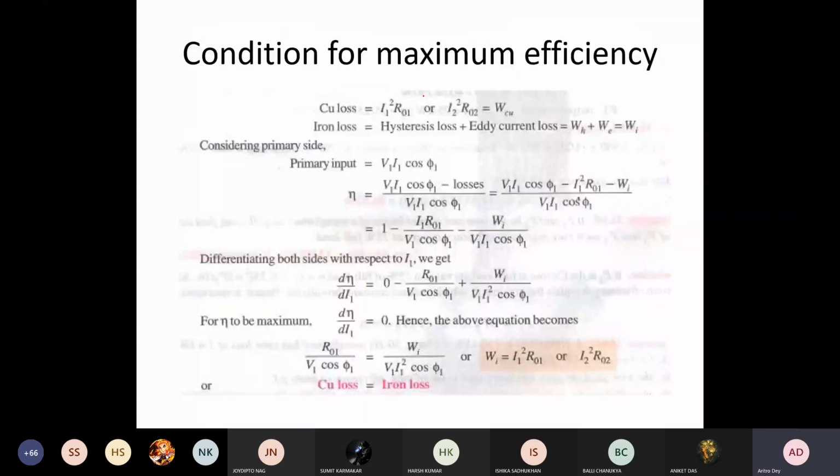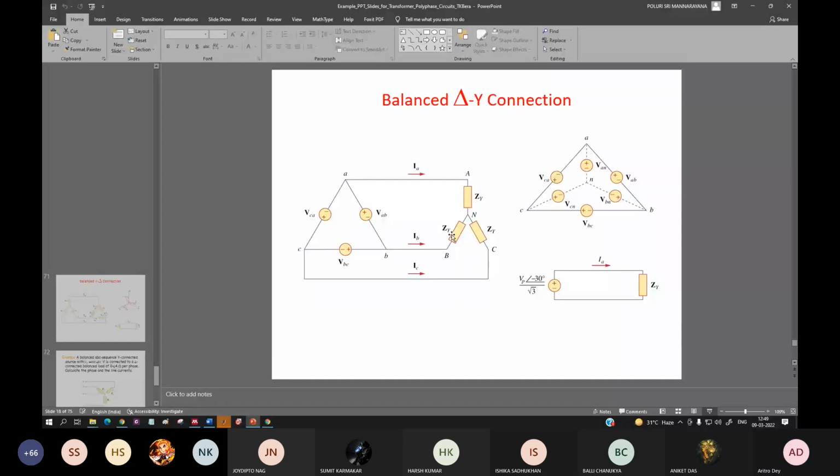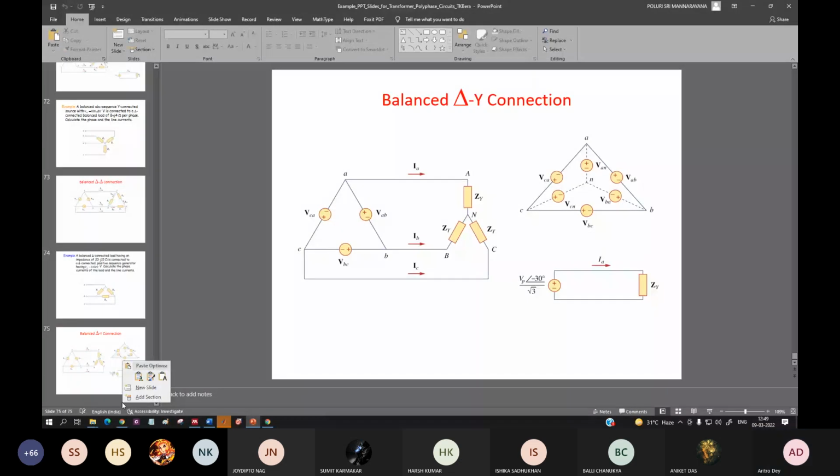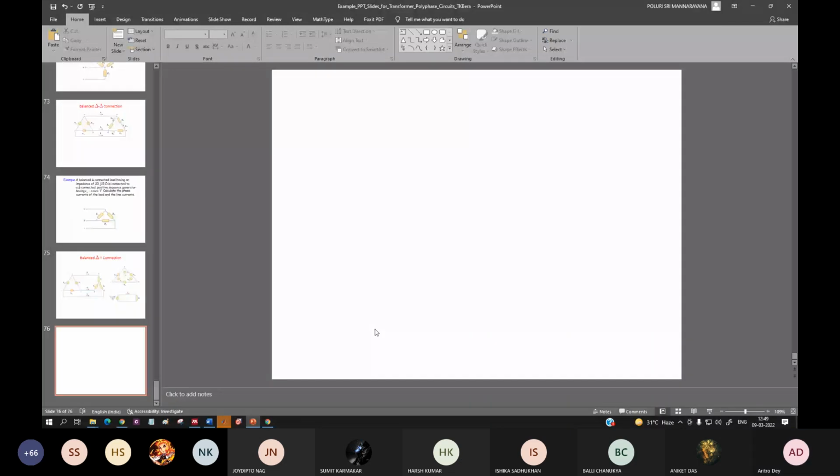Okay, so the connection was. I'll ask Harsh to open your diagram. If you open your diagram, you can relate it because I have drawn in the same way you have drawn.